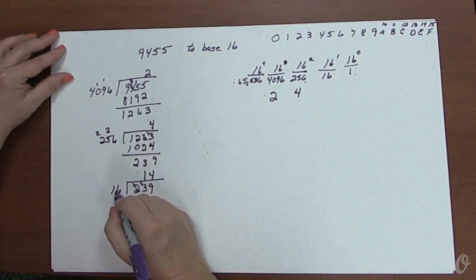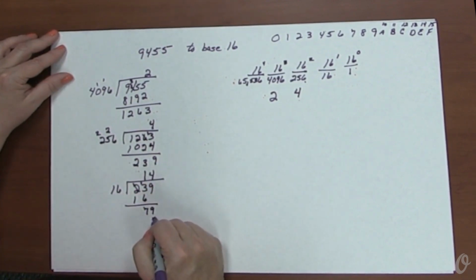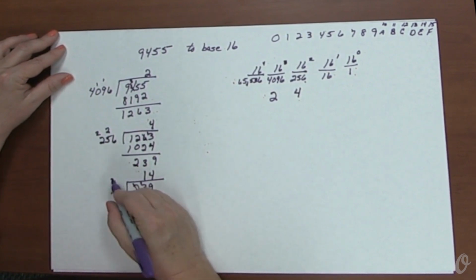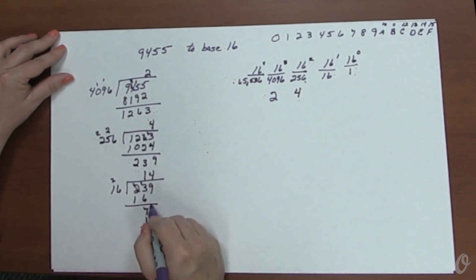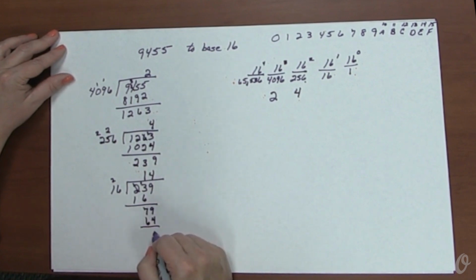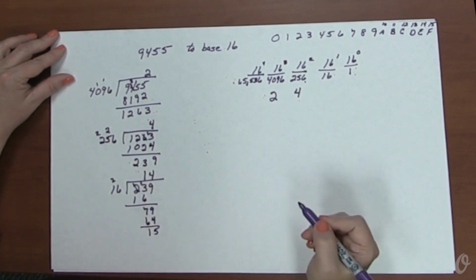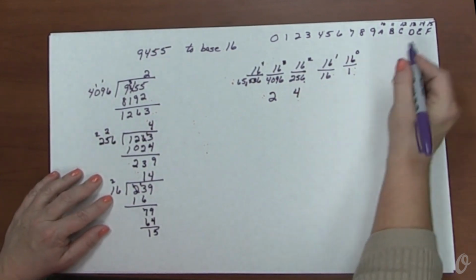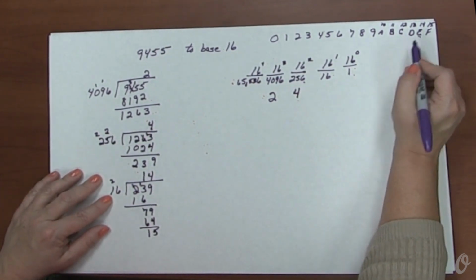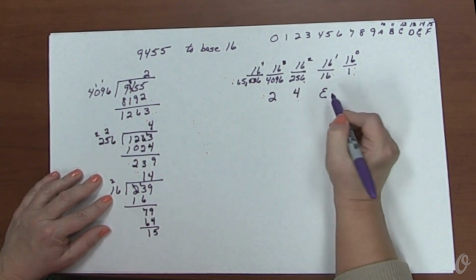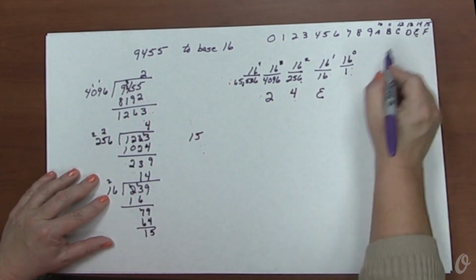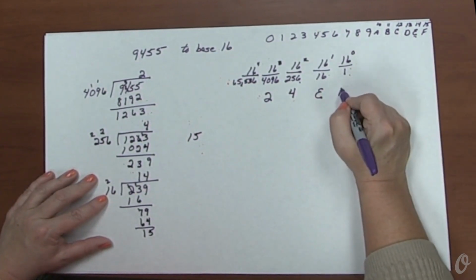So 4 times 6 is 24, carrying the 2. 4 times 1 is 4, plus 2 is 6. 9 minus 4 is 5, and that gives me 15. So in groups of 16, I have 1, 4, but 14 is E. And I have a remainder of 15, and 15 is F.